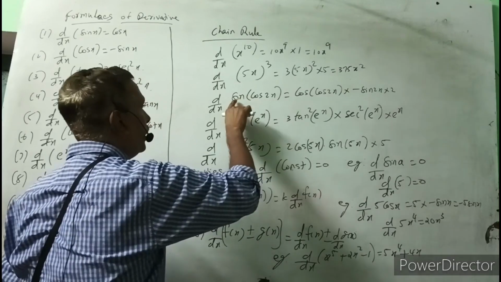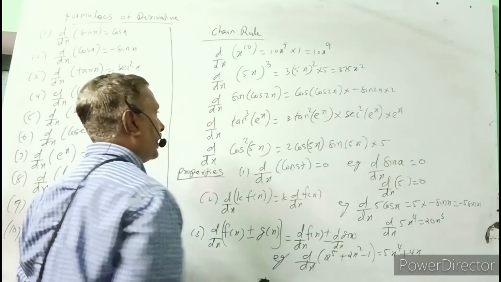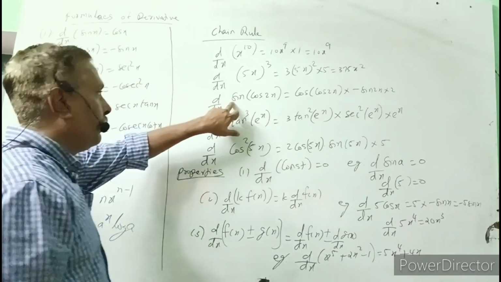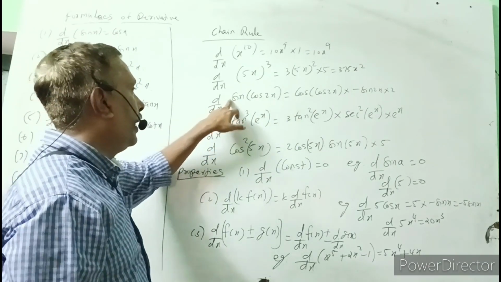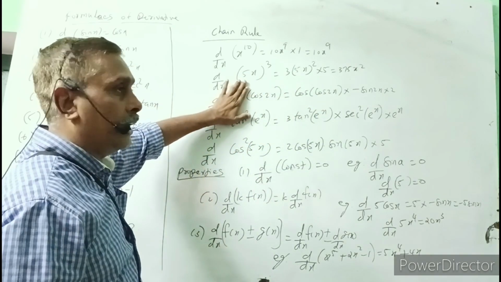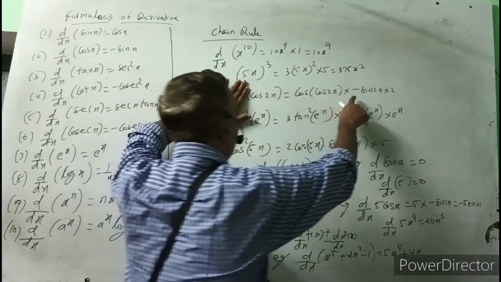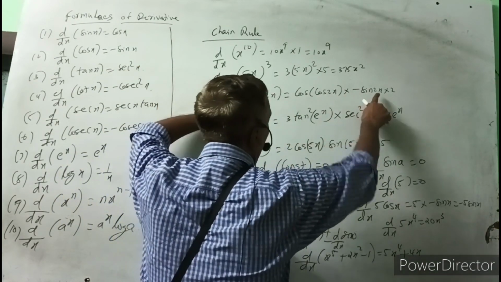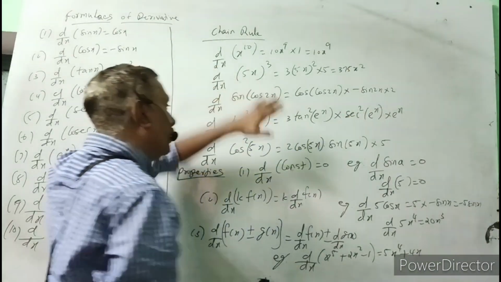There are three functions. First one sine, then cos, then 2x. We will write the derivative of all functions. When you are writing the derivative of one function, the remaining part remains the same. Sine derivative is cos, remaining part same. Now sine is gone, next we see cos derivative is minus sine, so 2x you write like that. Then cos is also gone, the derivative of 2x is 2.